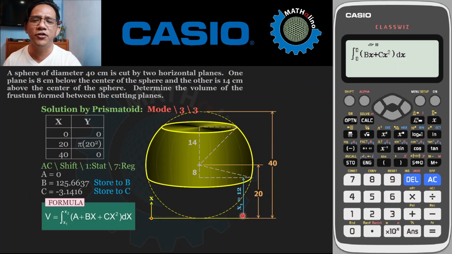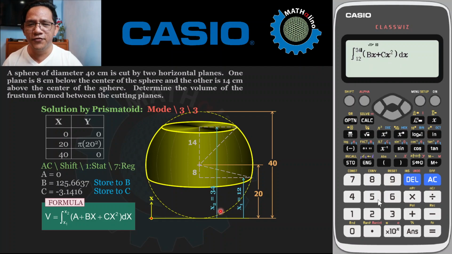Our dimensions are from the reference datum. From x1, that is equal to 12, to x2, that is 20 plus 14, that is 34. The 12 is 20 minus 8, that's 12. That will serve as our limits, from 12 to 34.